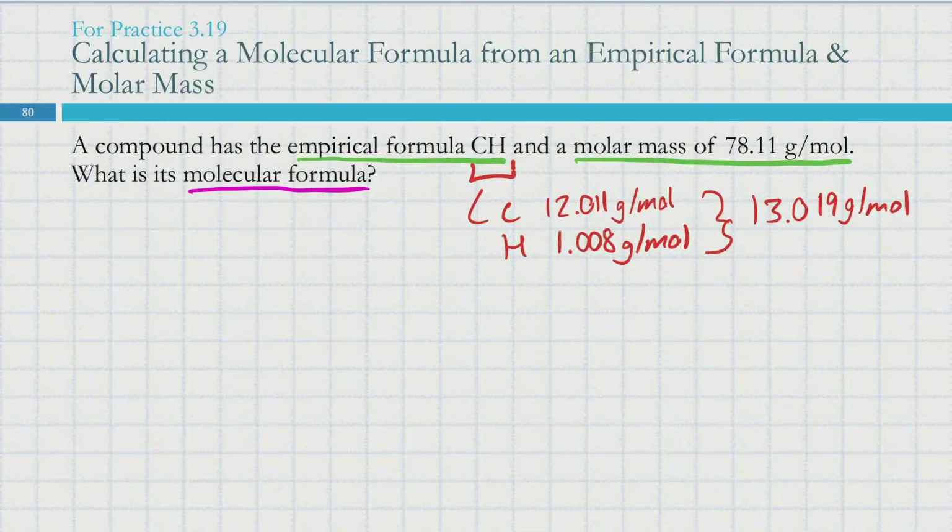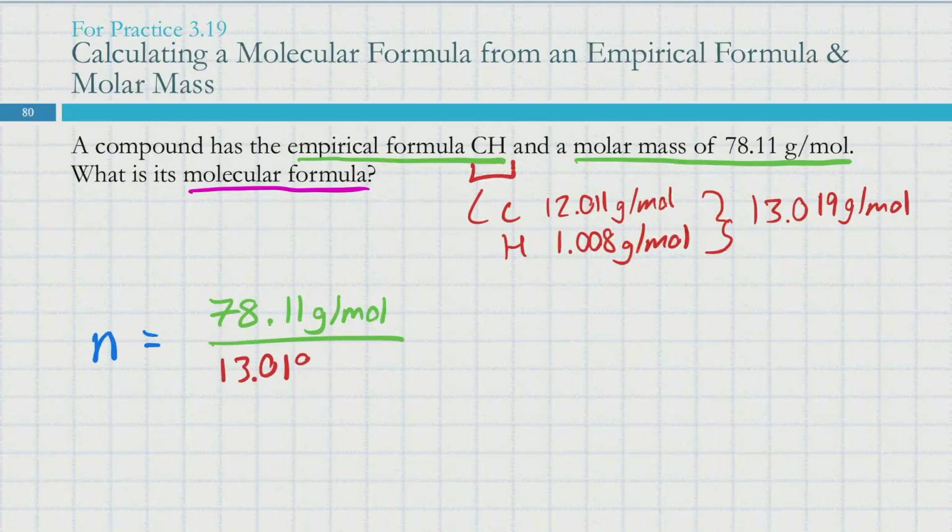And then we're going to find that magical number n, the number of times that our empirical formula goes into our molecular formula, by taking our molar mass and dividing by our newly found empirical formula molar mass. This will always end up giving you a whole number, or something's wrong.